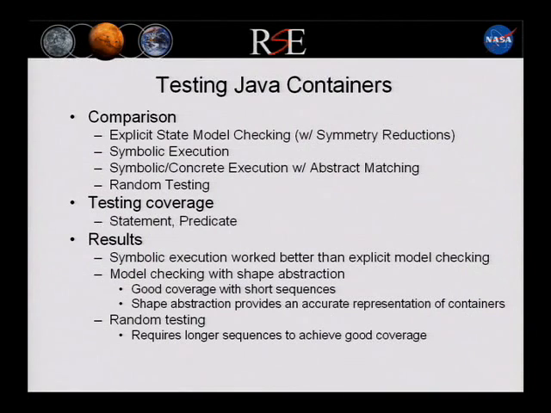Also, it was interesting that random testing gave pretty good results, but it requires longer sequences to achieve good coverage. And now there is a debate if longer sequences are better than shorter sequences. We need to investigate more which one is good for testing.